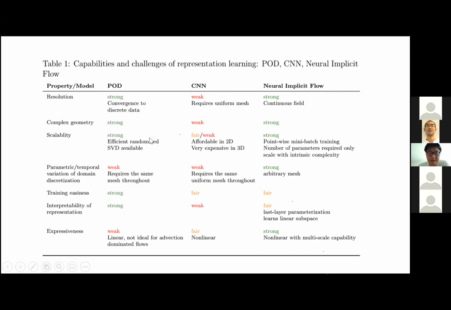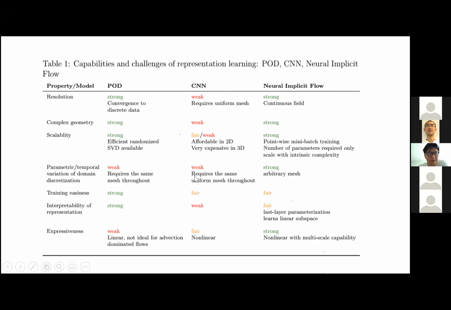In terms of scalability, POD is actually pretty strong. If your problem is really nice and the grid is nice, you can use a lot of available algorithms, for example, parallelized SVDs or randomized SVDs. However, for CNNs, it's okay in 2D but very expensive in 3D.